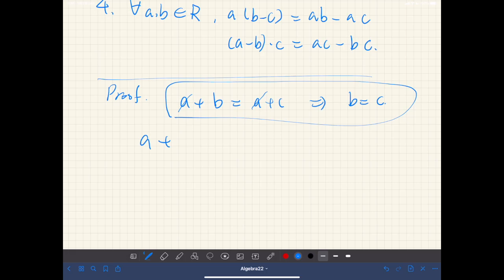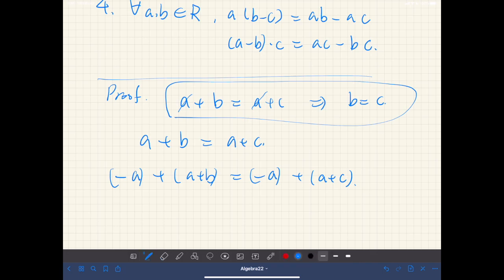Suppose we have A plus B equal to A plus C. Then we add negative A to both sides. This is okay. We are just adding some element to both sides, and they are still equal.